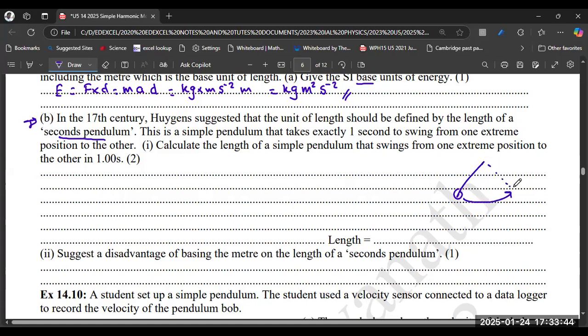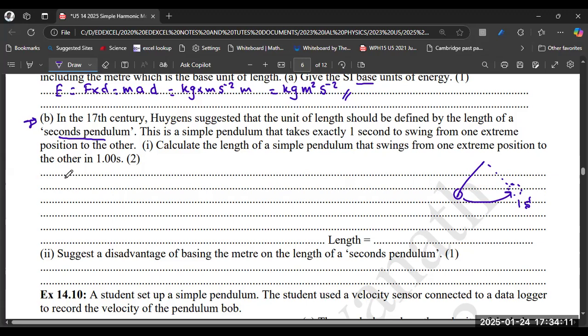So it's not one complete time period, but half a time period. Calculate the length of a simple pendulum that swings from one extreme position to the other in 1 second.